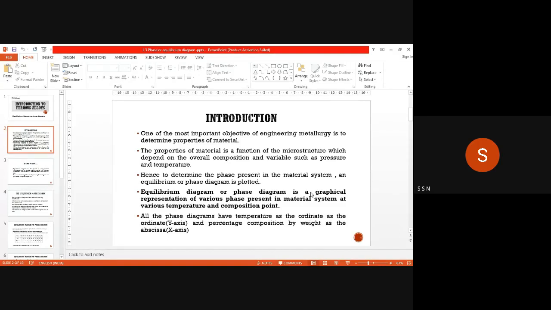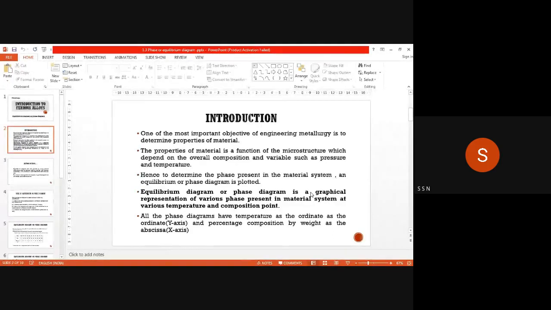In a similar way, although the proportion or composition is the same, if the temperature is varied, the microstructure is different. And as the microstructure is different, the properties will be different. So for finding the property of material only, we are doing all these things. To know the microstructure, we need to know the composition, temperature, pressure, all these things.